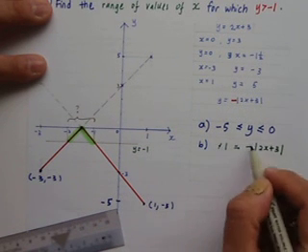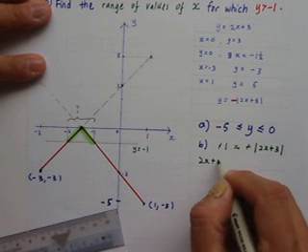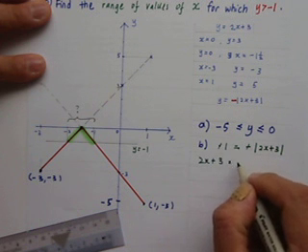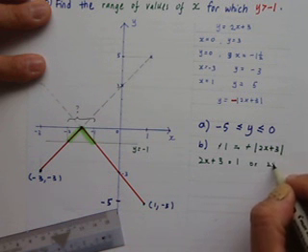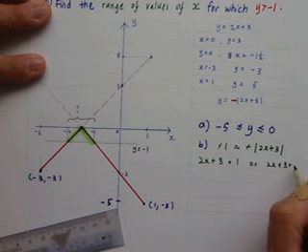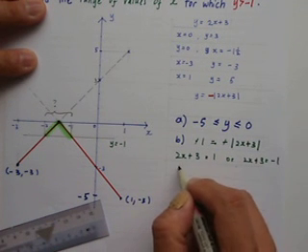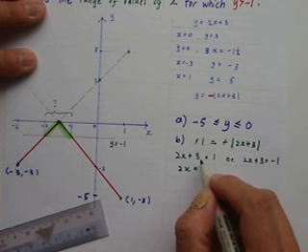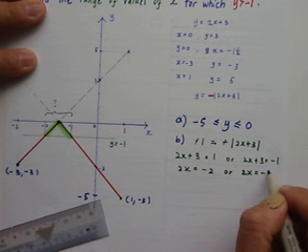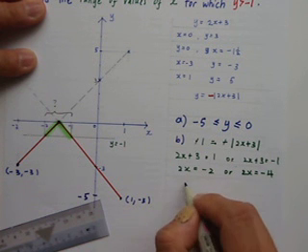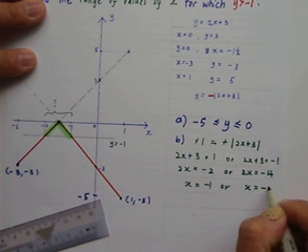Cancel the minus sign, so now I remove the modulus. I get 2x plus 3 equals 1, or 2x plus 3 equals minus 1. So 2x equals minus 2, or 2x equals minus 4. I get x equals minus 1, or x equals minus 2.